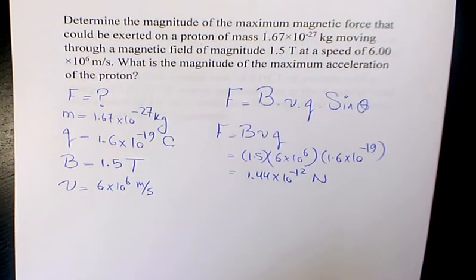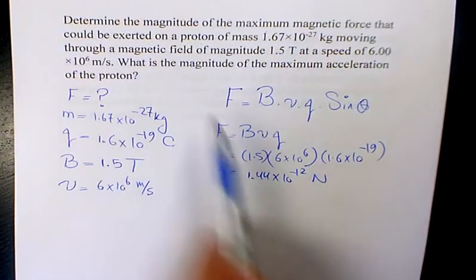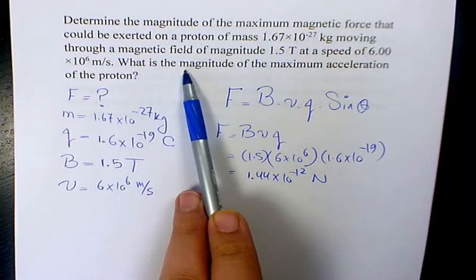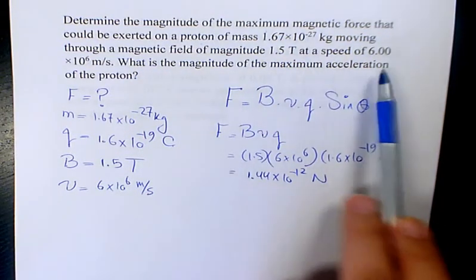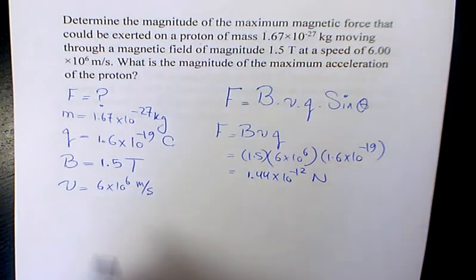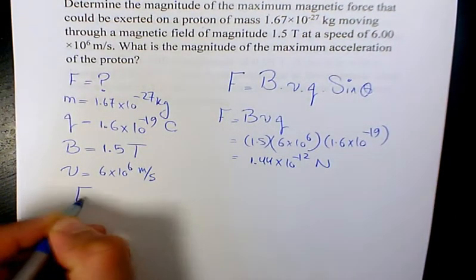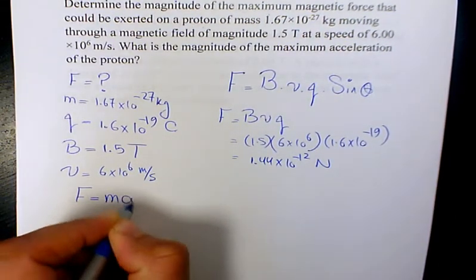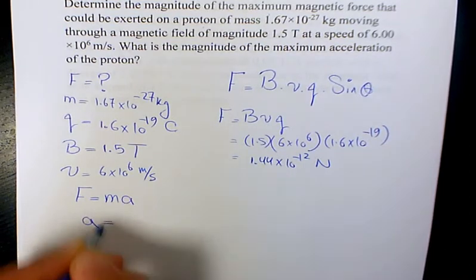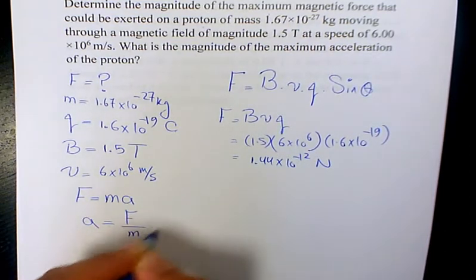That's the magnetic force. In the second part of this question, it says, what is the magnitude of the maximum acceleration of this proton? So we're going to use Newton's second law, F equals m a. It means that a equals F divided by m.